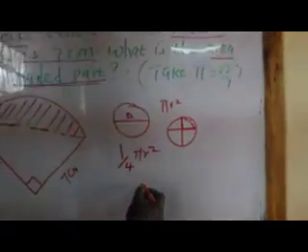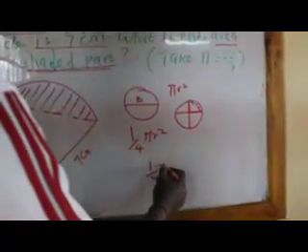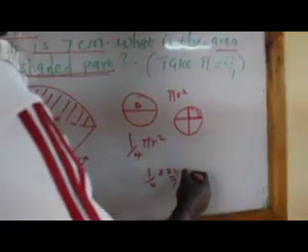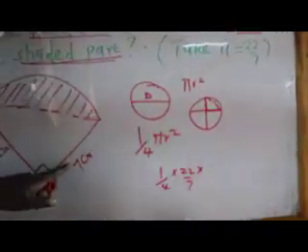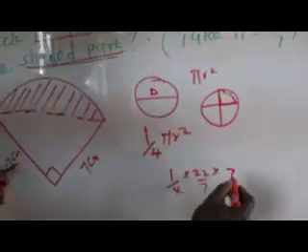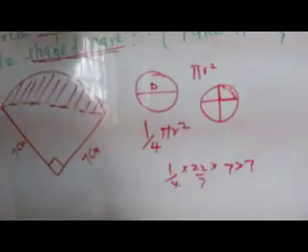So in this case we are going to say a quarter times 22 over 7 times our radius, which is 7, multiplied by 7.